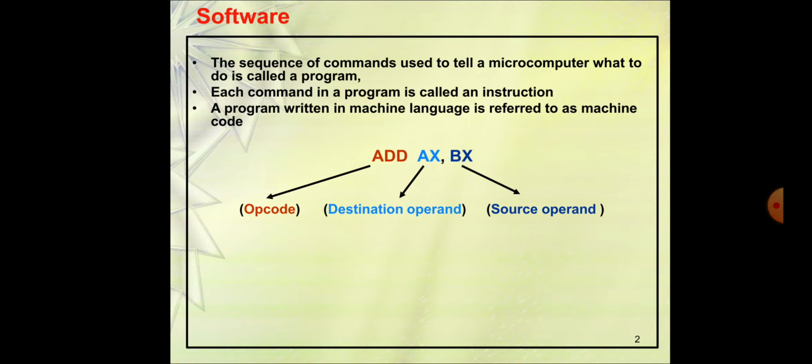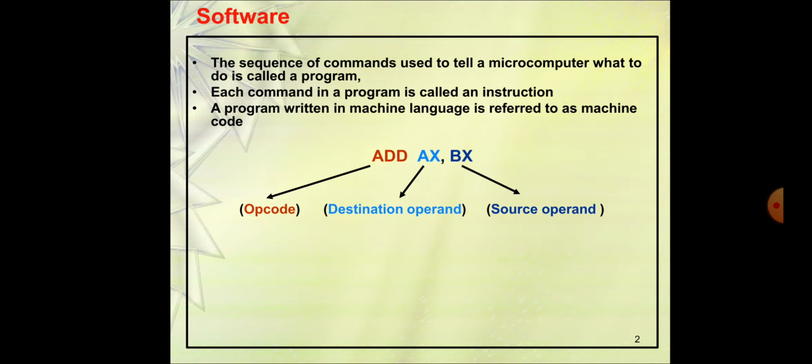The sequence of commands used to tell the microcomputer what to do is called a program. So, very basic definition. Each command in a program is called an instruction. Whatever commands we are giving to the microprocessor, that is nothing but the instruction.